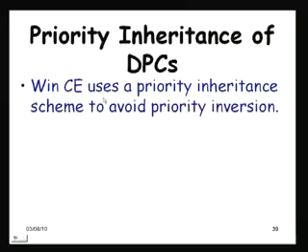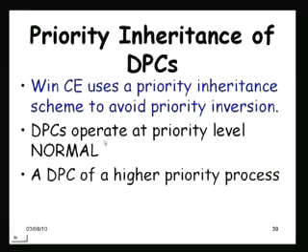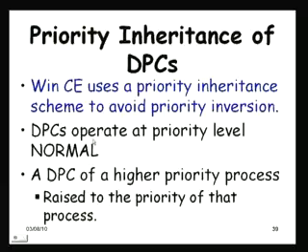So, we had looked at the priority inheritance earlier, that DPC of a higher priority task should inherit the priority of that task. So, typically the DPCs operate at a priority level normal, and if the task has higher priority than normal, then the DPC will inherit the priority of that process.